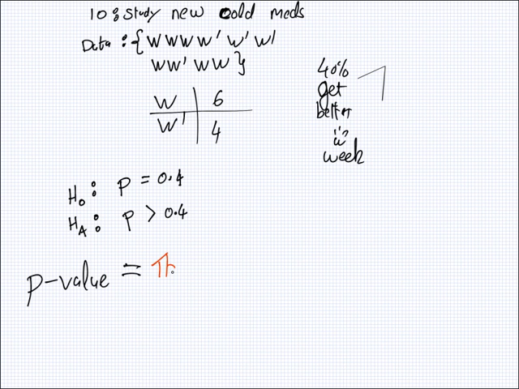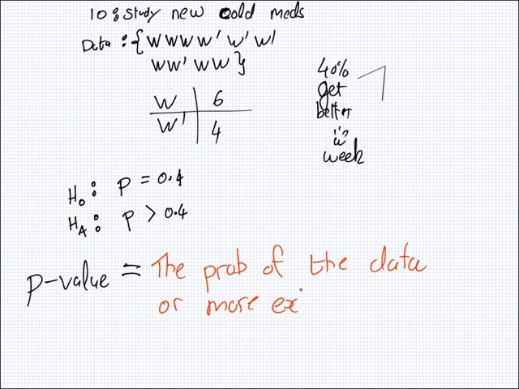This is the probability of the data, or more extreme, given the null hypothesis. So I'll explain what that means. The probability of the data or more extreme given the null hypothesis. That means what is the chance of getting this data or a more extreme result if the null hypothesis is true?